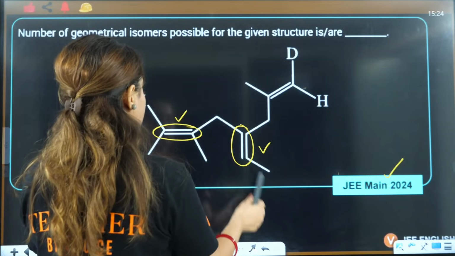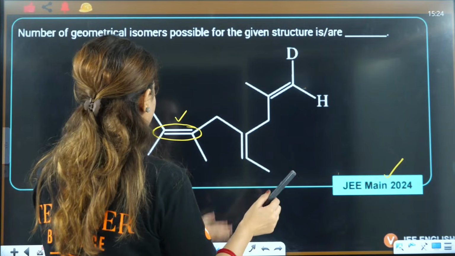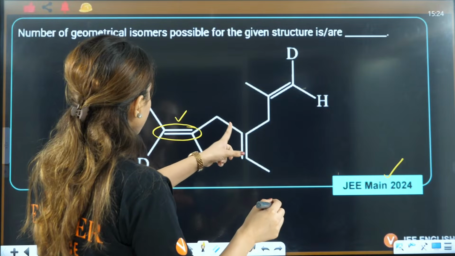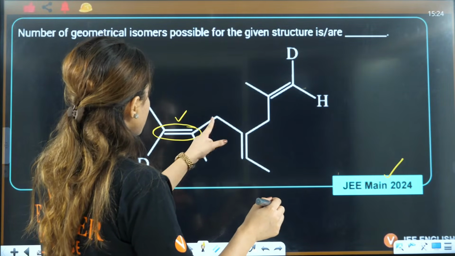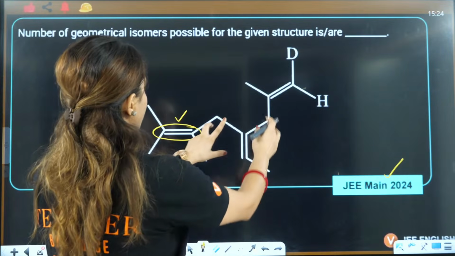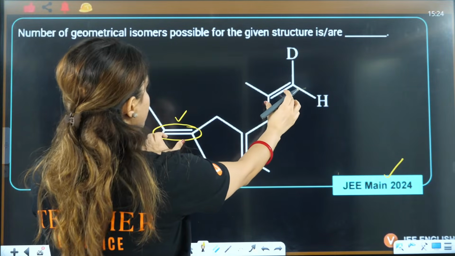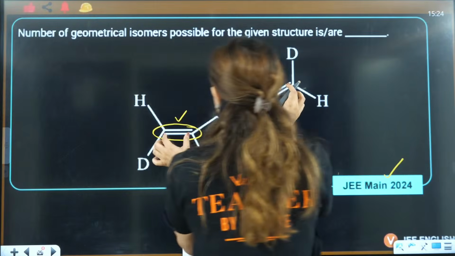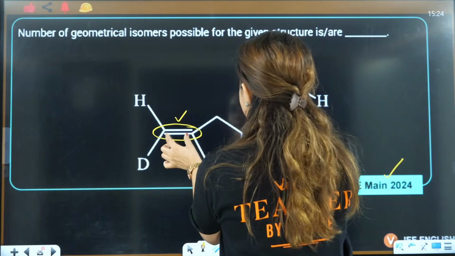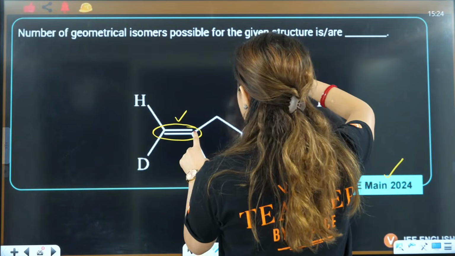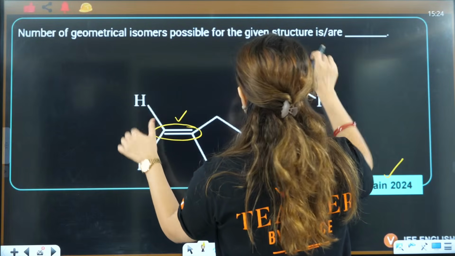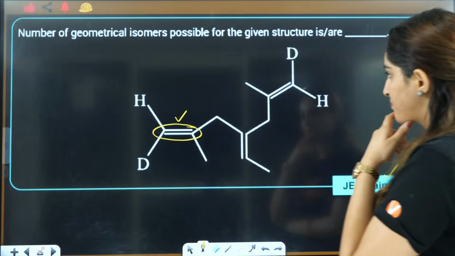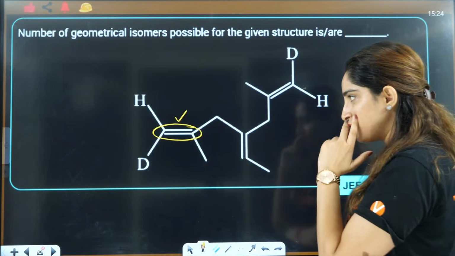Wait a minute, let me see if it is different or not. This double bond here has CH2, CH2, then there is a double bond. This double bond is connected to methyl, methyl, then this double bond is connected to D, H. Okay, so these two compounds are the same only.